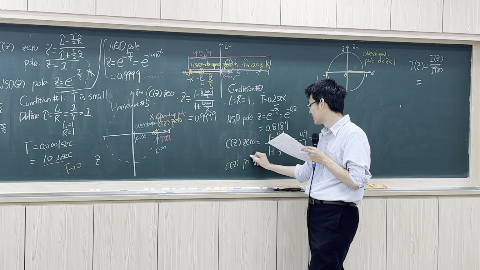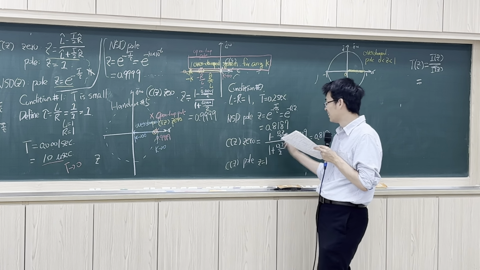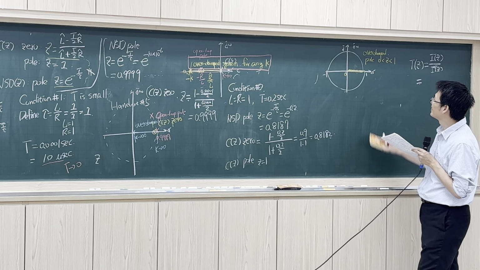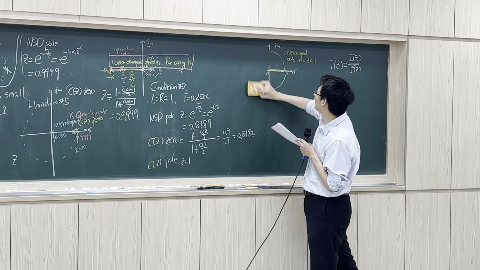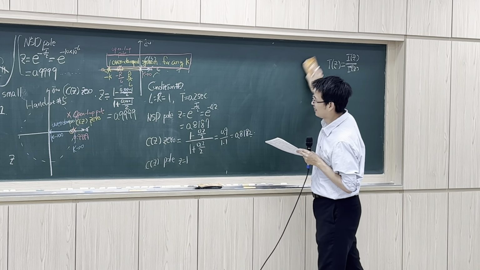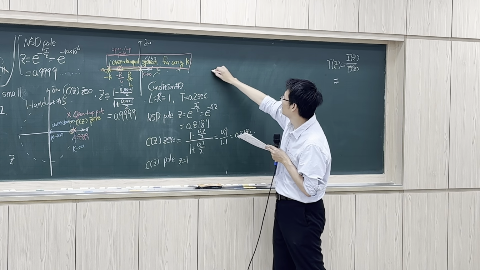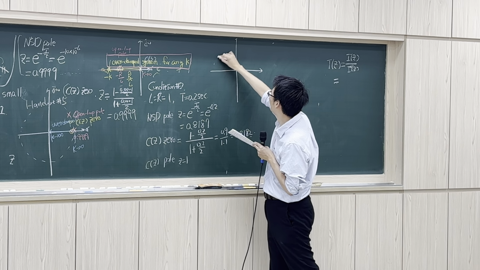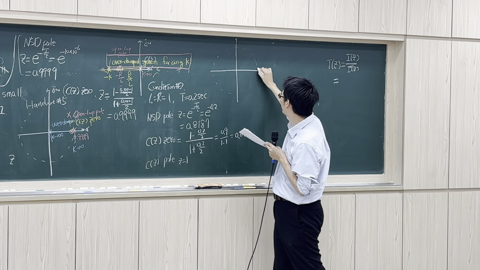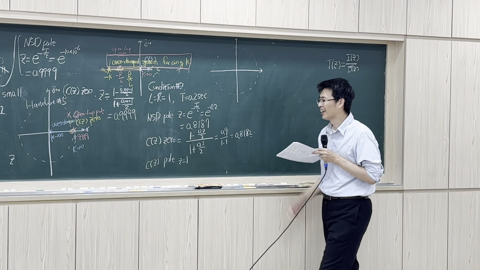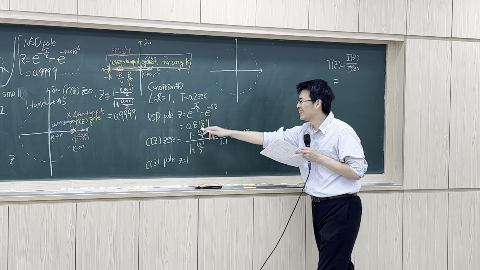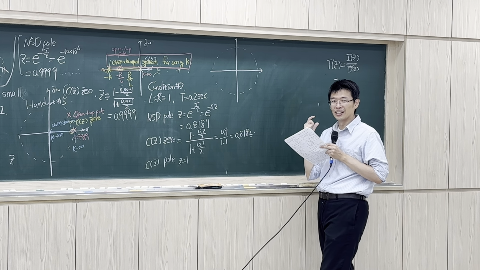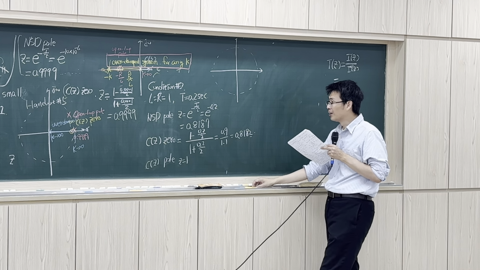Okay, so in this case, although the difference is very small, I use this case to show you what happens if you cannot achieve the pole-zero cancellation.